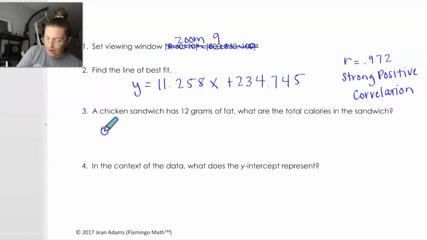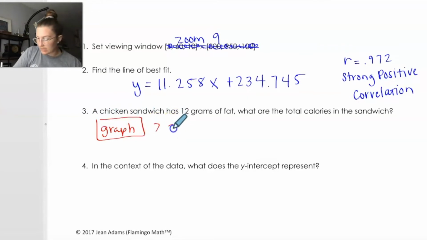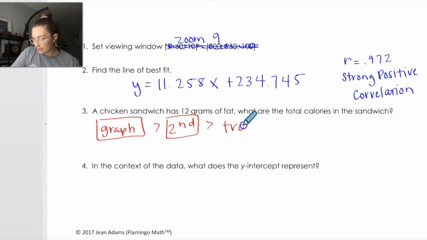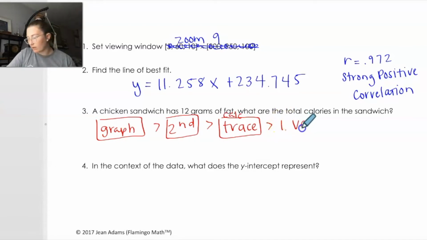So we're going to hit graph. That's a button. We're going to go to second. Again, a button. We're going to go to trace, which really I'm going to calculate. On top of trace is calculate when I hit second. We're going to go to, I think it's number 1, value.